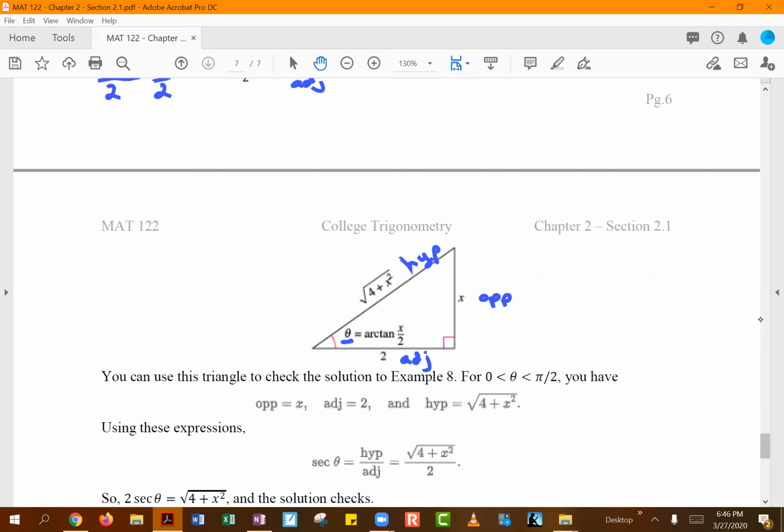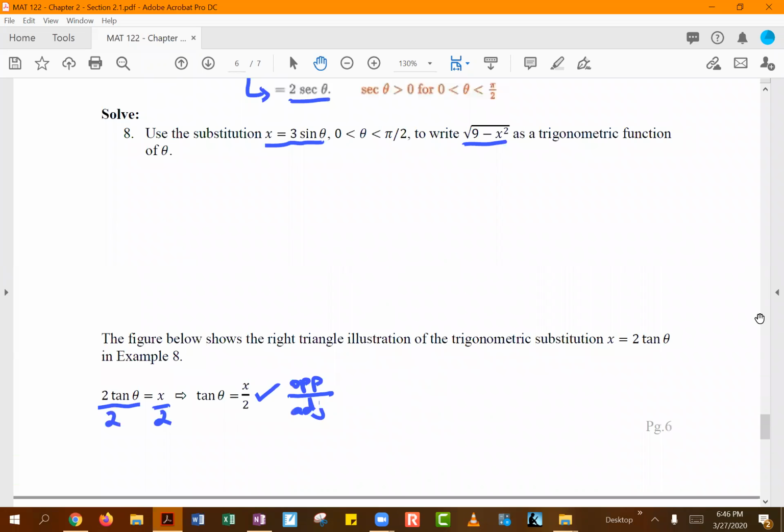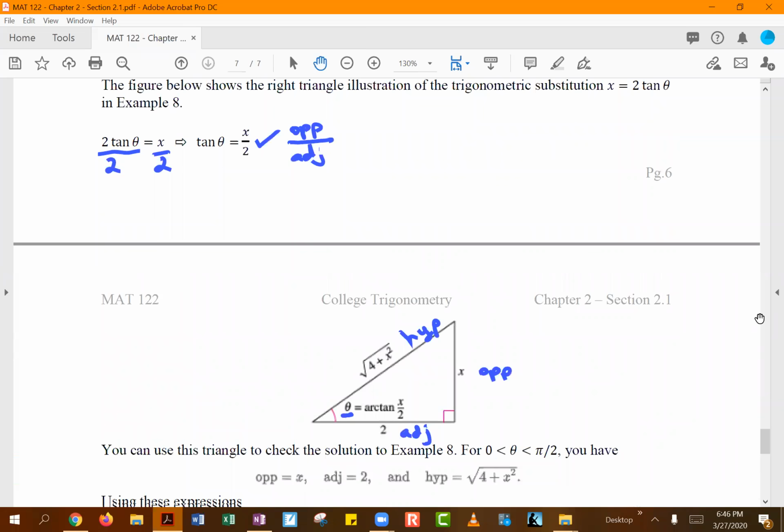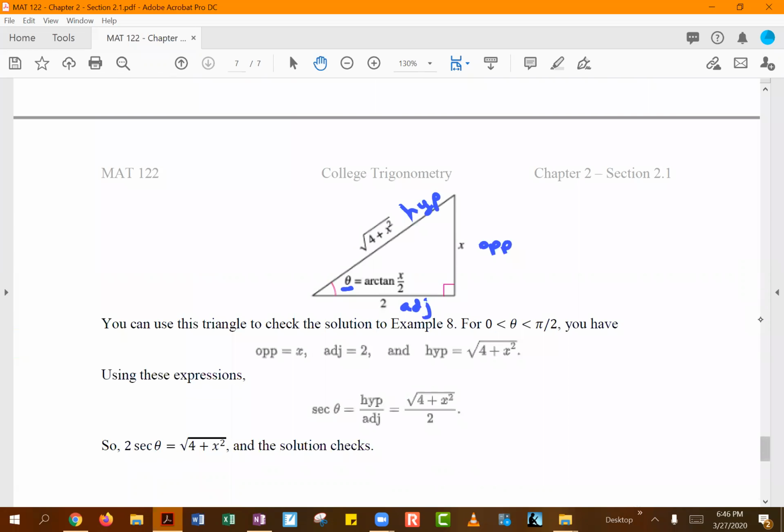And then once you have that, since we got this guy as secant of theta, just basically calculate your secant of theta. Secant, remember, is the reciprocal function for cosine. So cosine is adjacent over hypotenuse, so secant will be hypotenuse over adjacent. So your hypotenuse side is square root of 4 plus x squared.